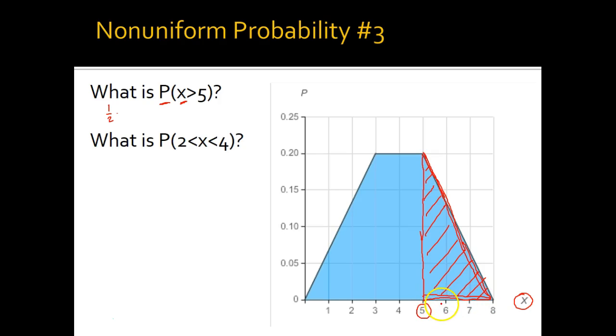So we could count, it's 3, or we could just say 8 minus 5, which is 3. And then the height, and again on the chart, the height of that triangle is at the 20% line, so 0.2.